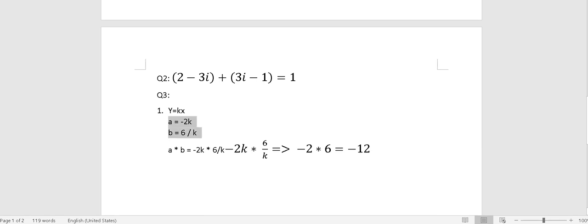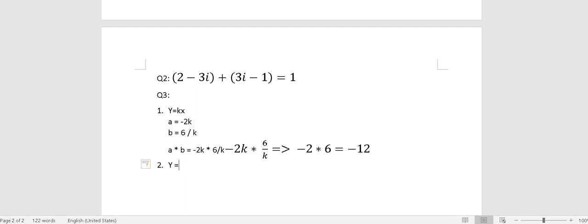Because of this, the guess is actually a bit based on this mathematical way of doing, because K is a constant, right? And minus 2 and 6 is also a constant, which means A times B is also a constant, and thus doing the guessing kind of way is applicable because it doesn't change. It is a constant. So this is the more practical way.